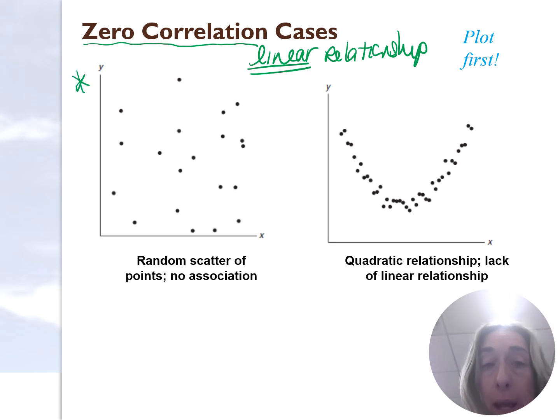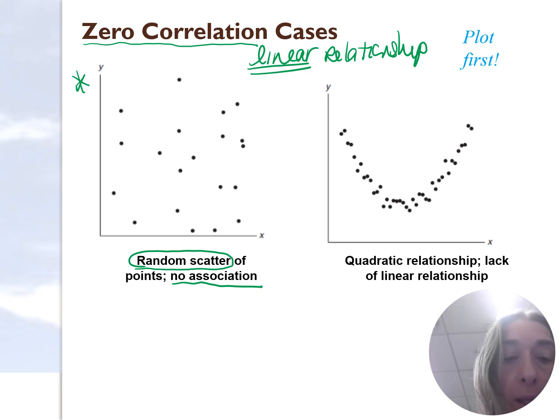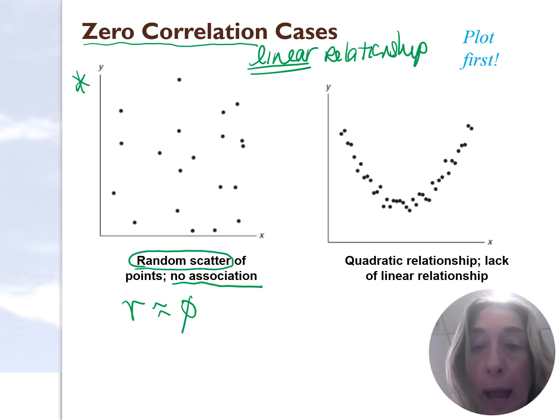This XY scatter plot really shows random scatter of the points, and it shows no apparent association at all between X and Y because those points are just randomly scattered. In this case, r is probably pretty close to zero. Now, contrast that with the case on the right.